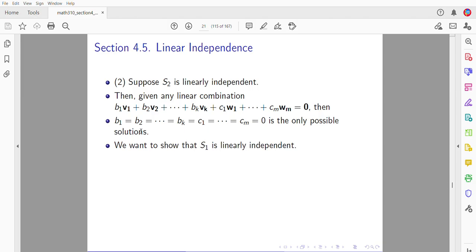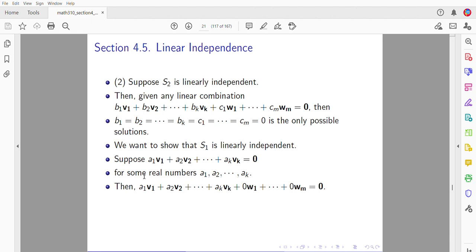We want to show that S1 is linearly independent. Suppose we have a linear combination of the smaller set v1 through vk, for some real numbers, equal to the zero vector. Well, the same trick we played earlier. Extend that equation by putting in zeros for the w's. Now you have a linear combination of the bigger set equal to 0.